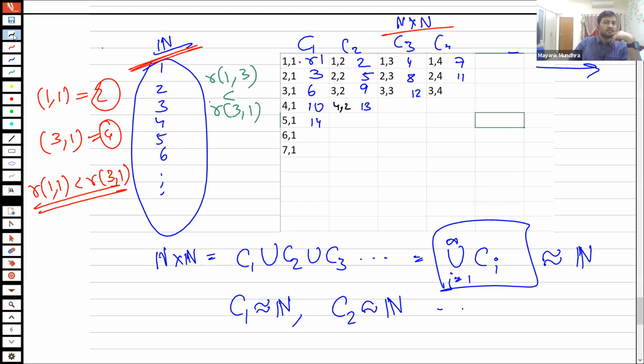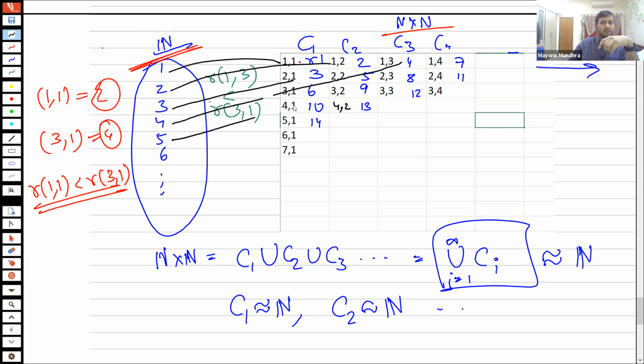So I have basically constructed a one-to-one onto map. 1 gets mapped with rank 1, 2 gets mapped with rank 2, 3 gets mapped with rank 3, 4 gets mapped with rank 4, 5 gets mapped with rank 5, and so on.